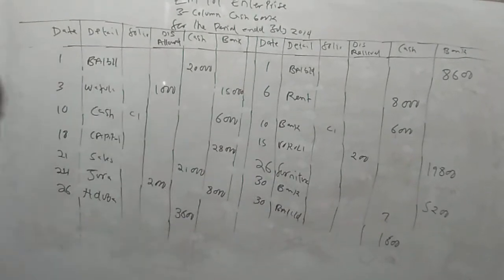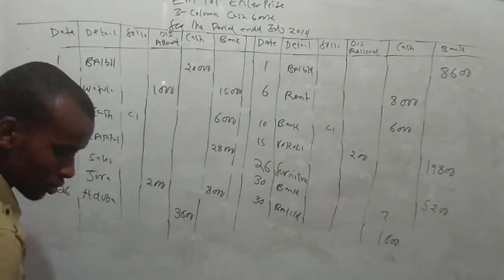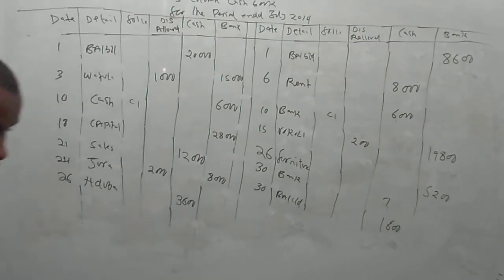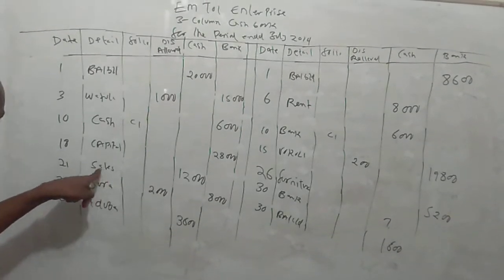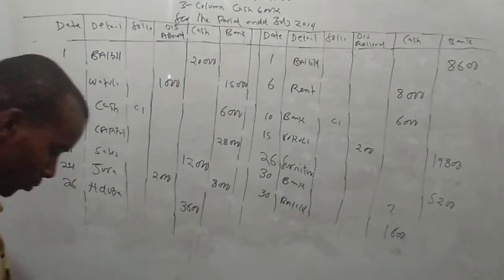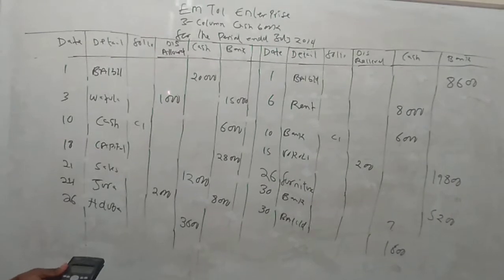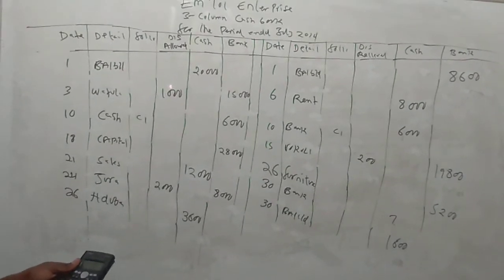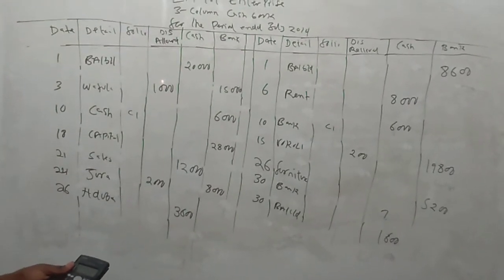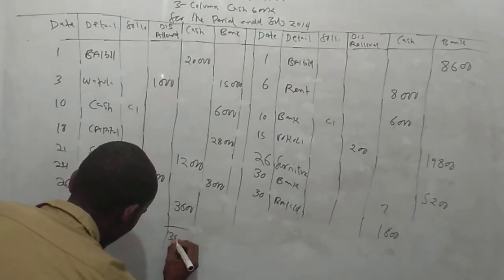Remember, on 21st, the sales was 12,000, not 21. Correct that, please. The sales for 21st was 12,000. Now we can add 20,000 plus 12,000 plus 3,600. So I'm getting 35,600.